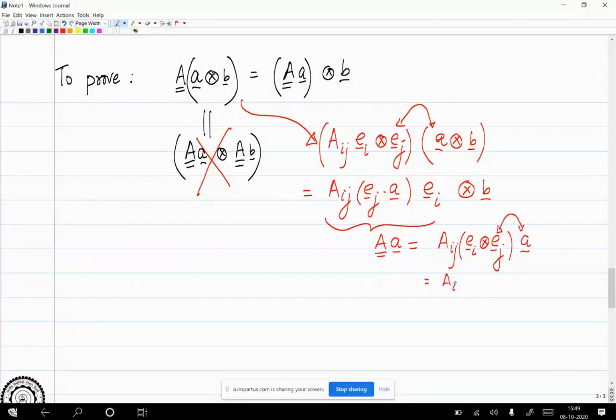So this is simply Aij Ej dot A into Ei. And you see, this is what it is exactly. So this is what is written here. And therefore, this becomes A tensor product B. What do you think? Is that fine?